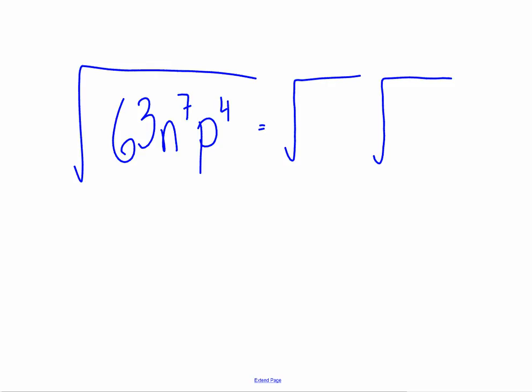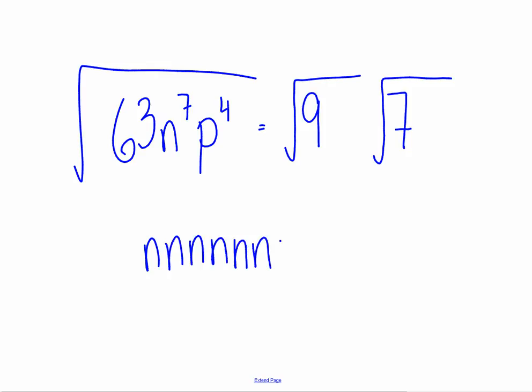We want to make it a product. So let's start with 63. What's a perfect square that goes into 63? 9, so 9 times 7. Okay, now n to the power of 7. Think about it this way, we have 7 n's: 1, 2, 3, 4, 5, 6, 7.